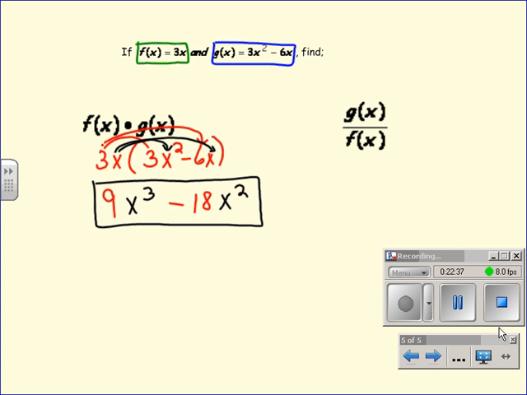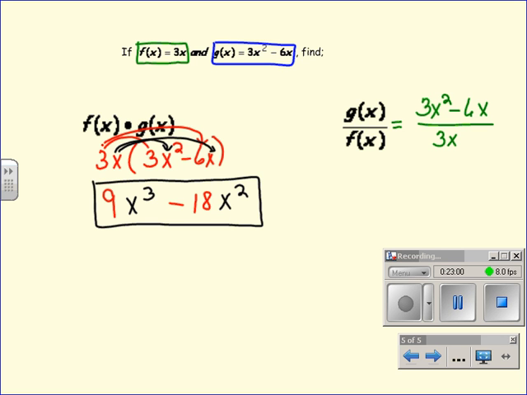Here I need to take g of x, and I'm going to divide it by f of x. So to start off with, I'm going to plug in the functions, or what the functions are equal to, and create a new fraction. So my g of x is going to be 3x squared minus 6x, and my f of x is 3x.